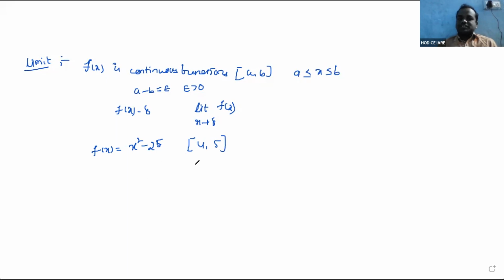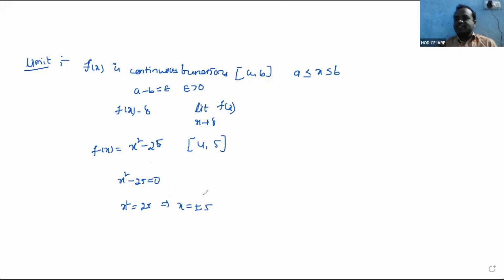So 4 and 5 are included, along with the values in between. We know x square minus 25 is equal to 0, so x square is equal to 25. Taking the square root, x is equal to plus or minus 5.